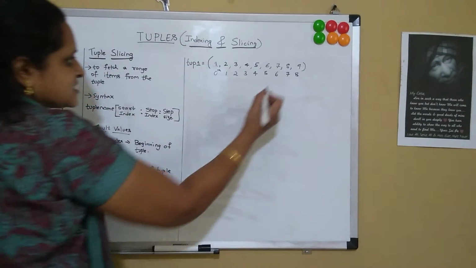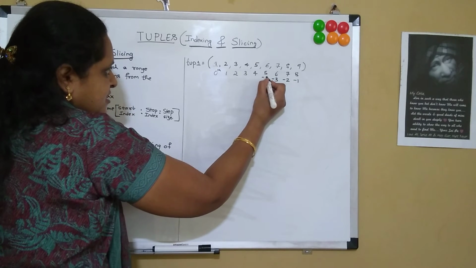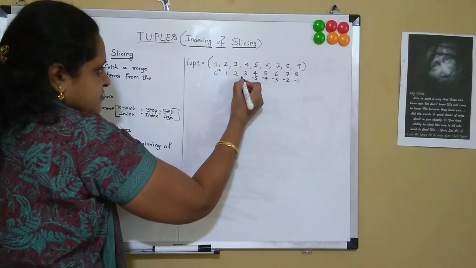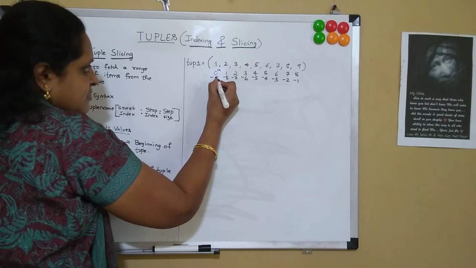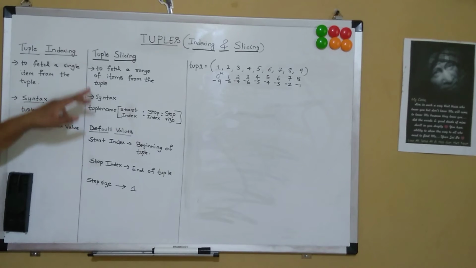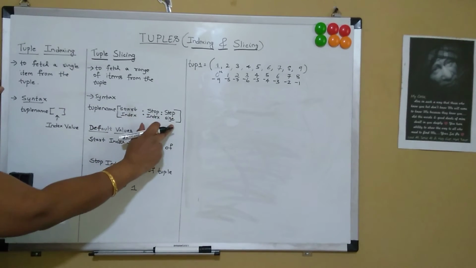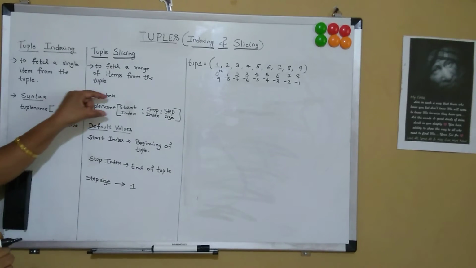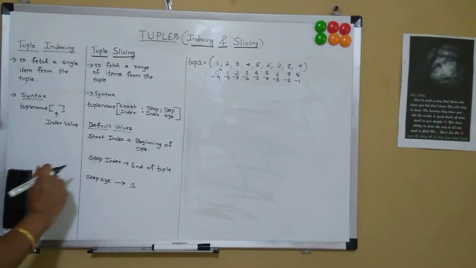And negative indexes will range from minus 1, minus 2, minus 3, minus 4, minus 5, minus 6, minus 7, minus 8 and then minus 9. So now for tuple slicing, we have to specify start index, stop index and step size. If we don't specify any of them, we can take the default values.